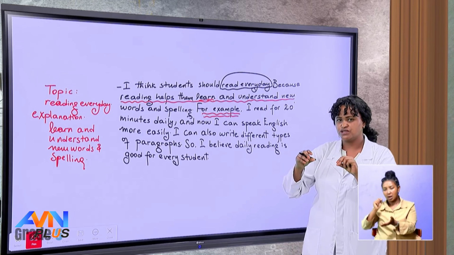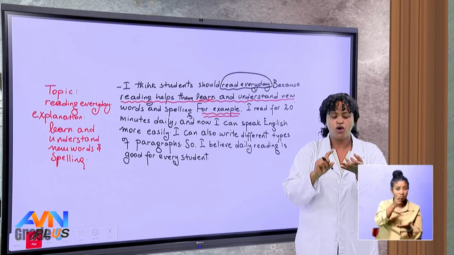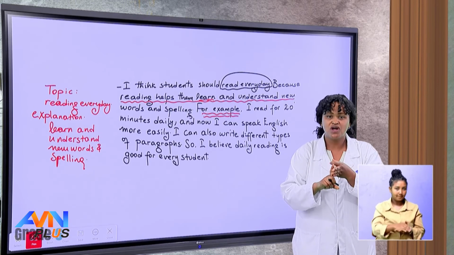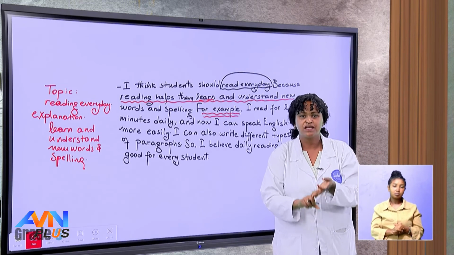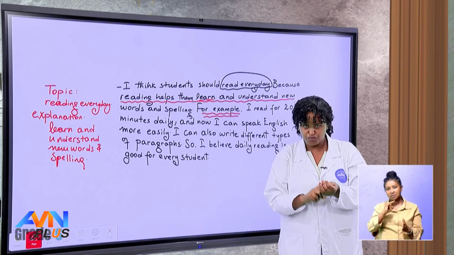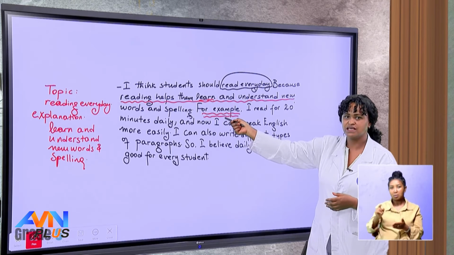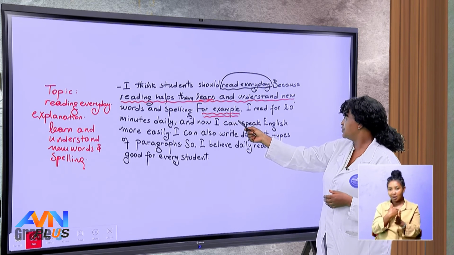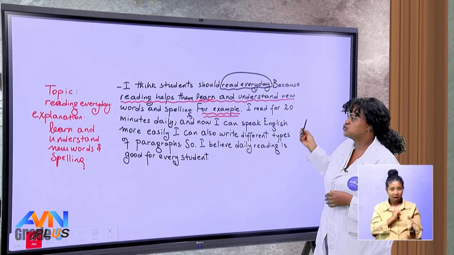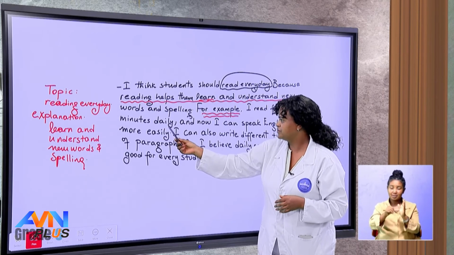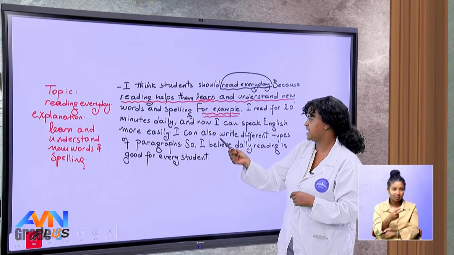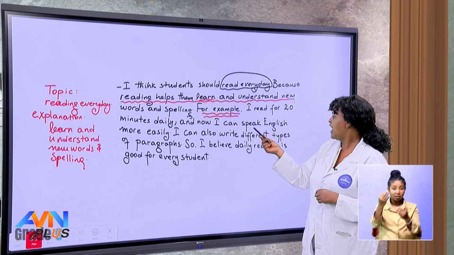So, just like that, you need to have either example or quotes or speeches of scholars, celebrities, accepted people. All right? So, in this short paragraph, we are having what? Example. For example, look, I read 20 minutes daily. See? 20 minutes daily. And now I can speak.